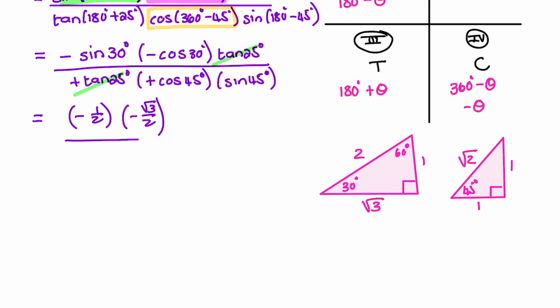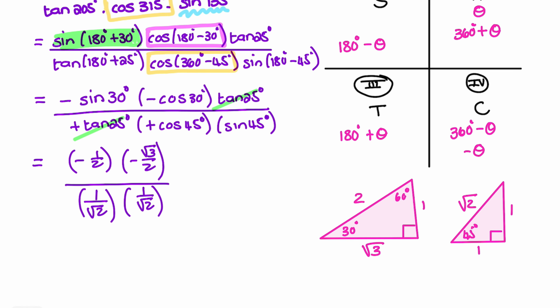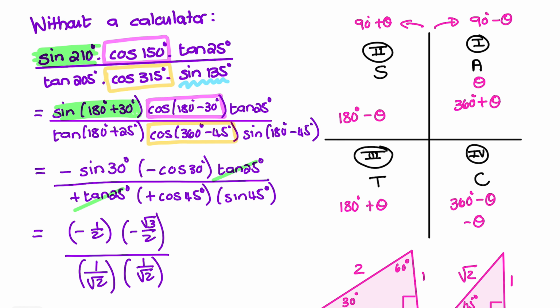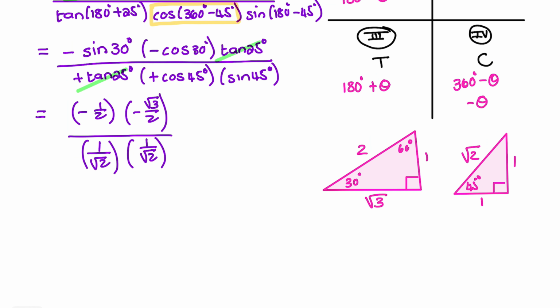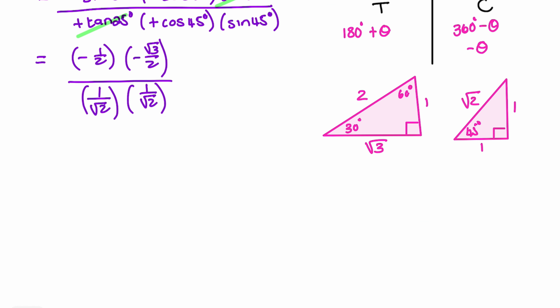In our denominator, we have the cosine of 45 degrees, which is 1 over root 2, times the sine of 45 degrees, which is also 1 over root 2. So we have reduced the original angles into ratios or fractions. Now let us simplify these fractions. We'll have negative 1/2 times negative root 3 over 2, which is positive root 3 over 4.